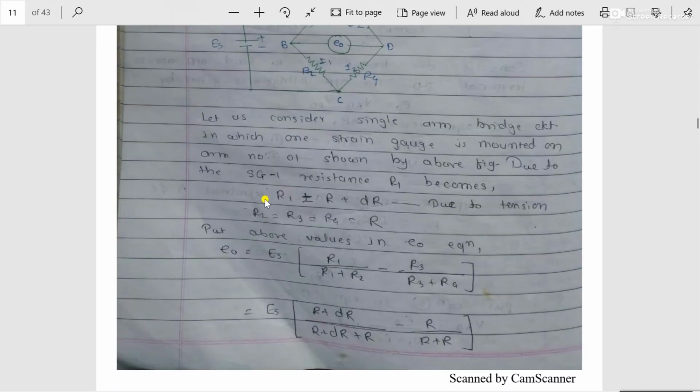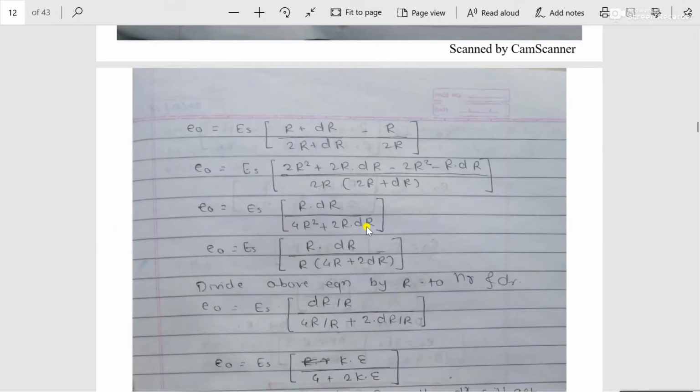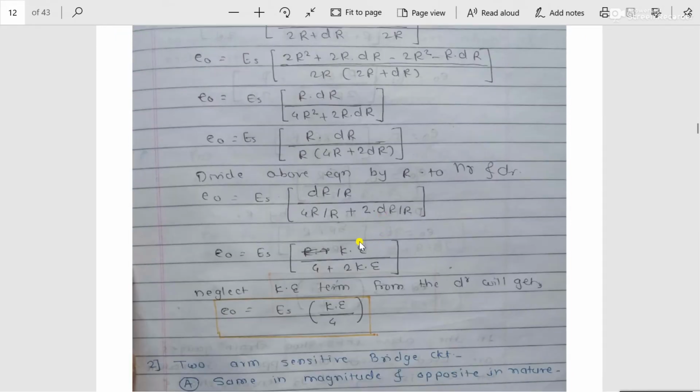And by putting these R1 to R4 in the E0 equation, by making the denominator the same, by cancelling the terms, by replacing the delta R in the form of delta R upon R by dividing capital R into the numerator and denominator, by replacing this delta R upon R in the form of k into epsilon, and by neglecting the k into epsilon from the denominator, I get this E0 equation for the single arm sensitive bridge circuit, which is equal to Es into k into epsilon divided by 4.